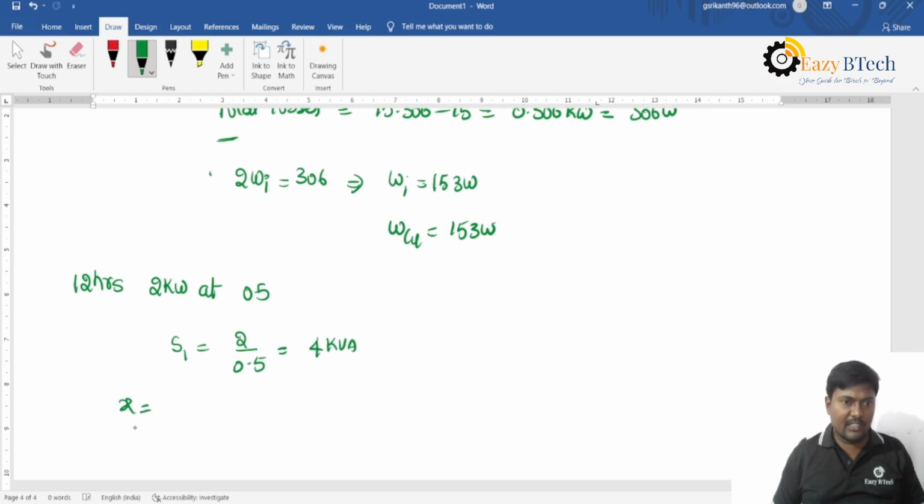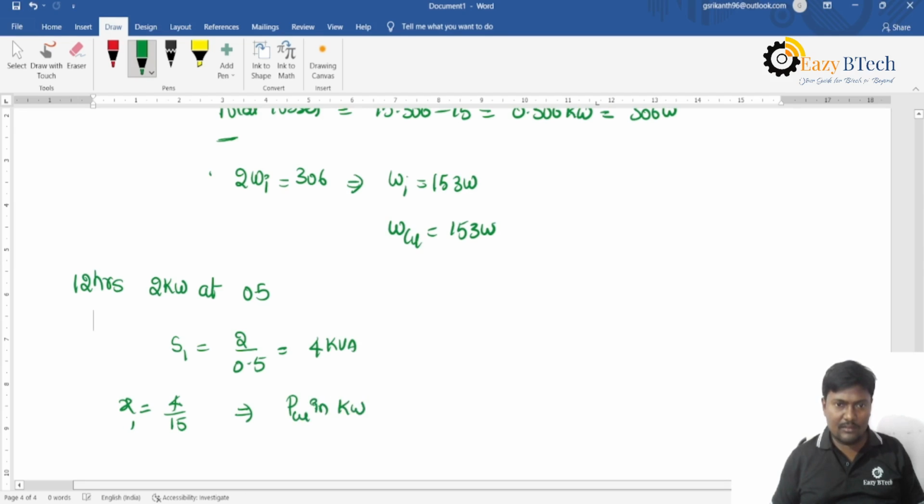Then find the x1 value, a fraction: 4 divided by 15. So copper loss 1 in kilowatt hour is x square times the full load copper loss.